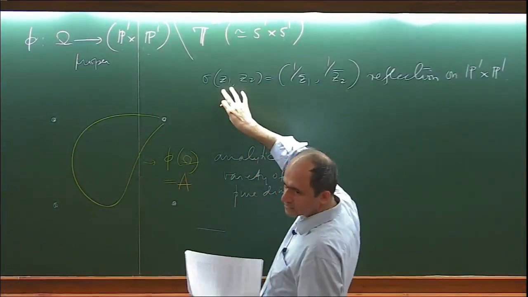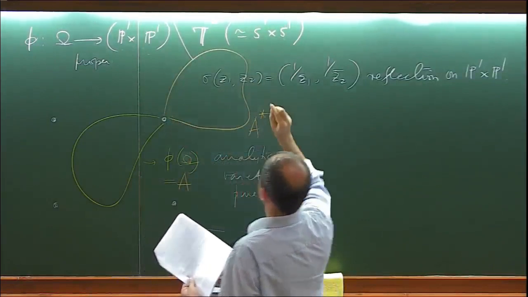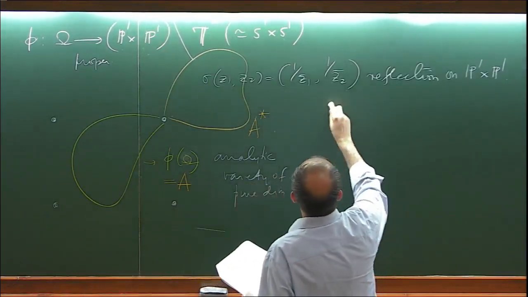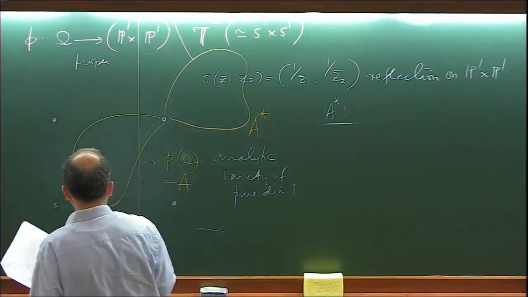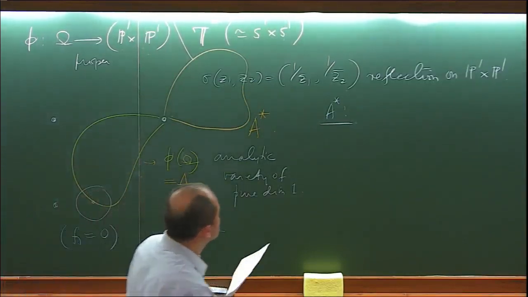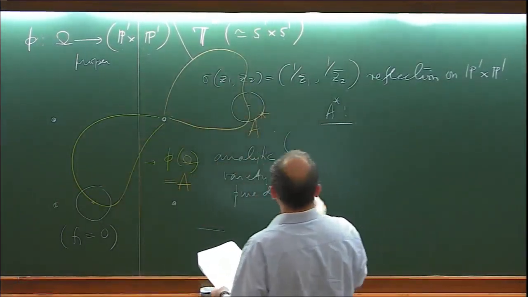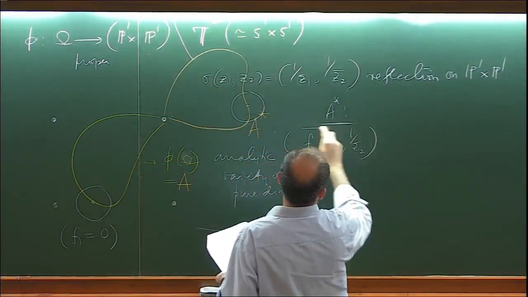Using this reflection, I'm going to reflect A to get A star. Locally, if A is defined by equations of the kind Fj equal to 0, then A star is defined by equations of the form Fj of (1 over z1 bar, 1 over z2 bar) equal to 0.